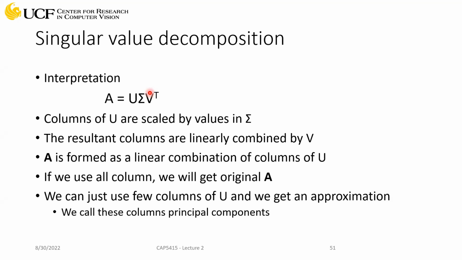So if you think about a normal RGB image, U gives you red, blue, and green, let's say you have three spaces, right? And sigma tells you how much of red, how much of blue, how much of green, just scaling that, or how important red is, or how important blue is.